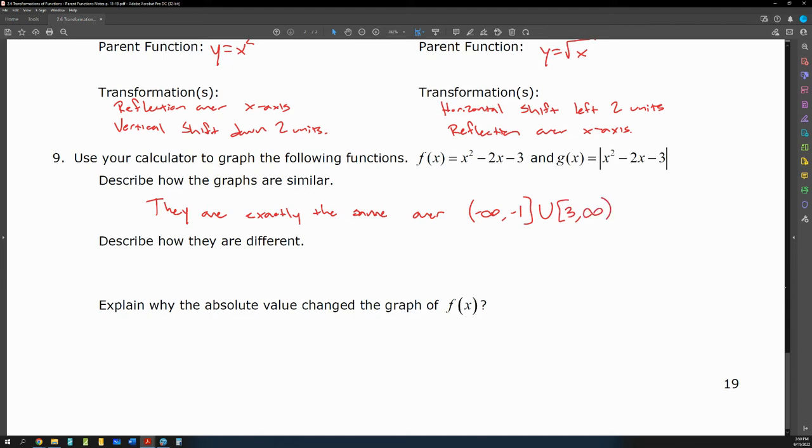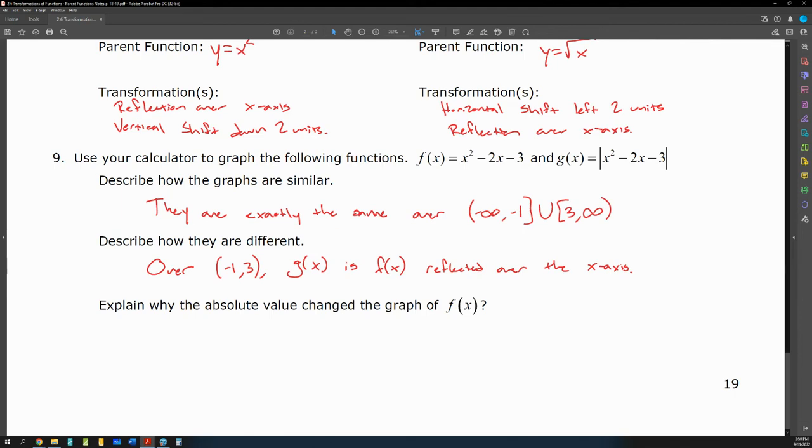They're different in between. Over the interval negative 1 to 3, and we don't want to include the endpoints, g of x is f of x reflected over the x-axis.